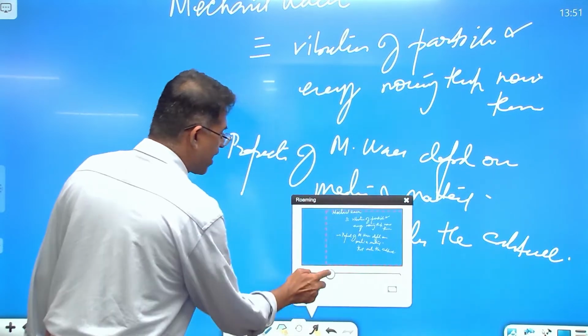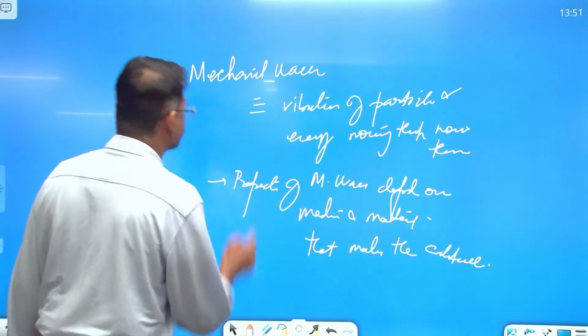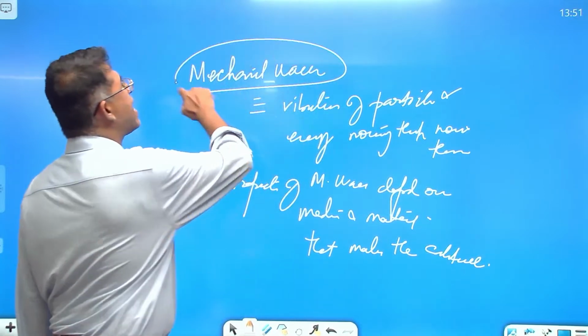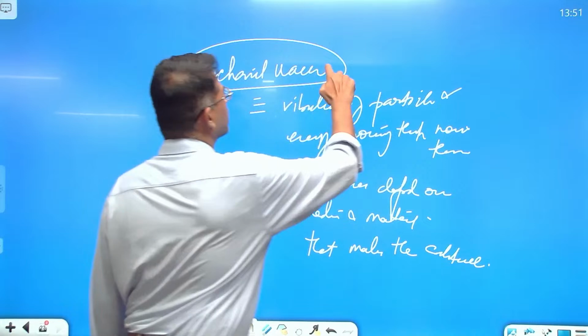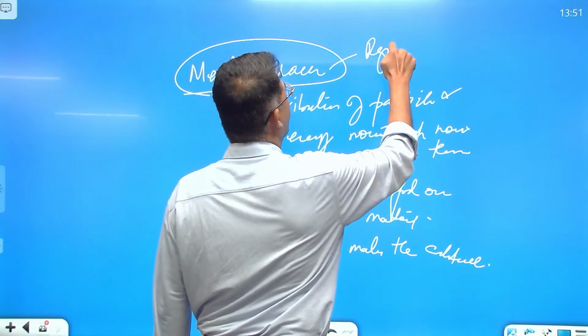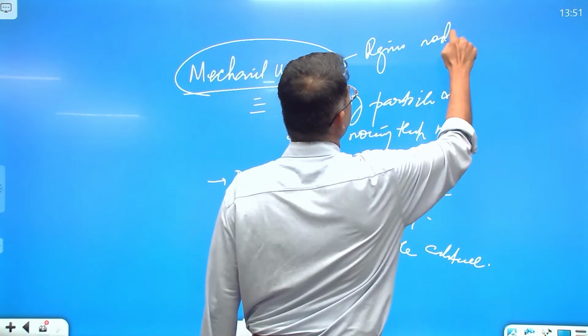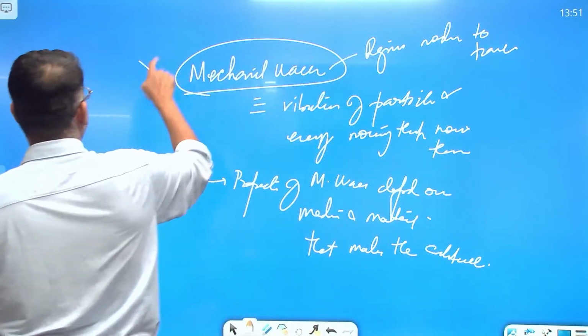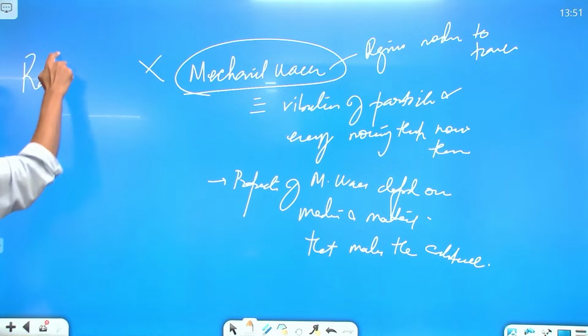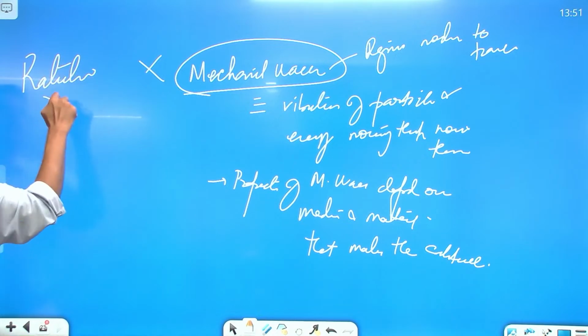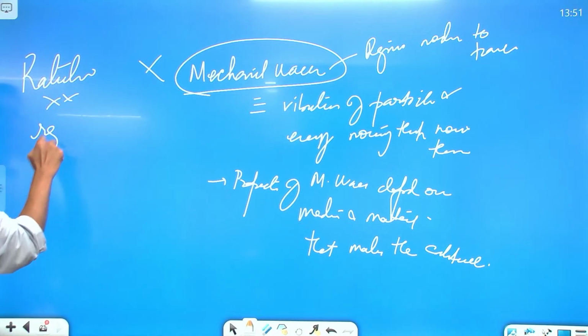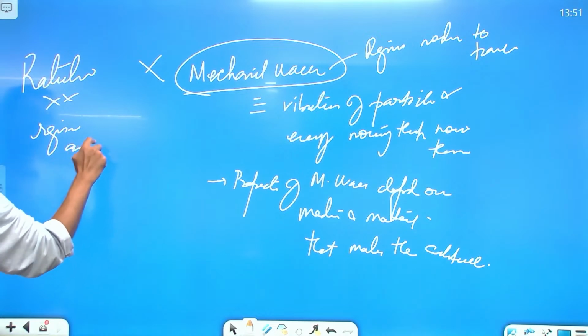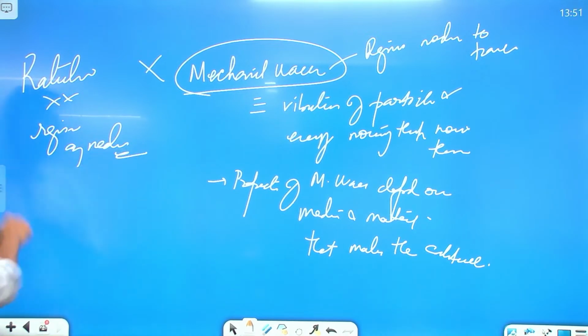So we have one special type of waves called mechanical waves. Mechanical waves require a medium to travel. They are unlike radiations. Radiations do not require any medium to travel.